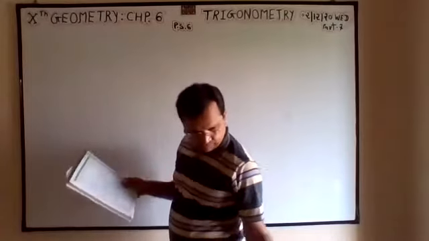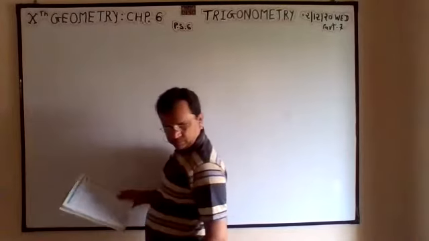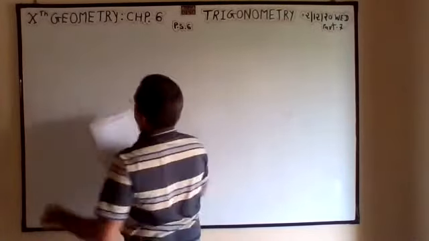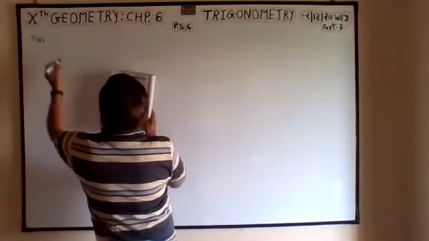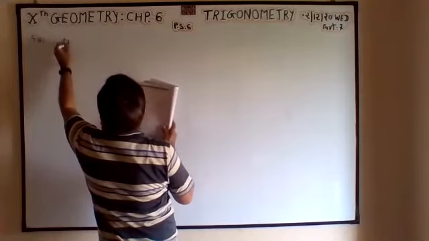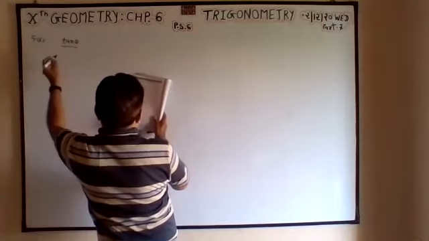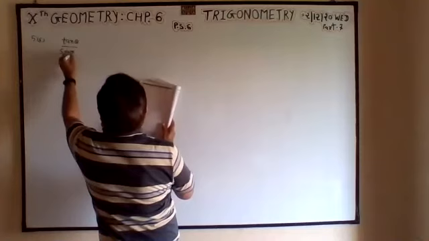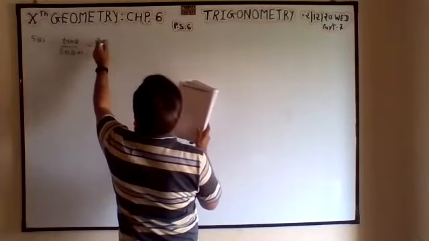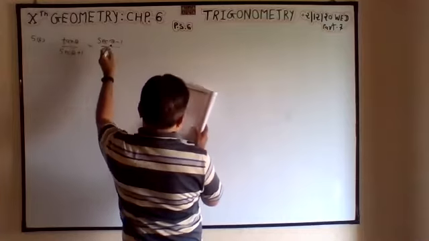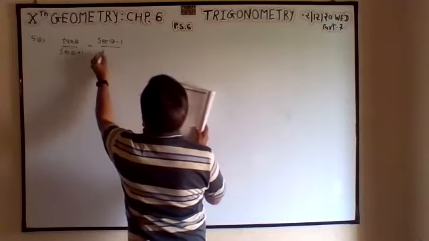Fifth, eighth, that is tan theta divided by sec theta plus 1 is equal to sec theta minus 1 divided by tan theta.